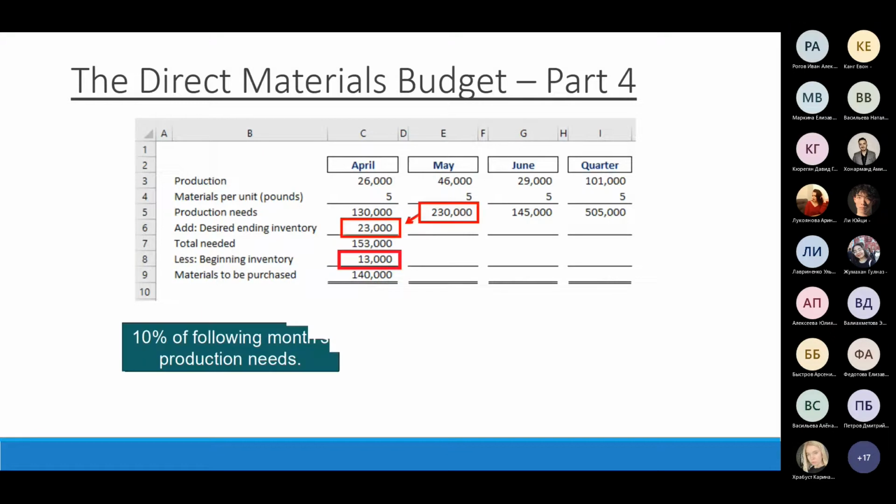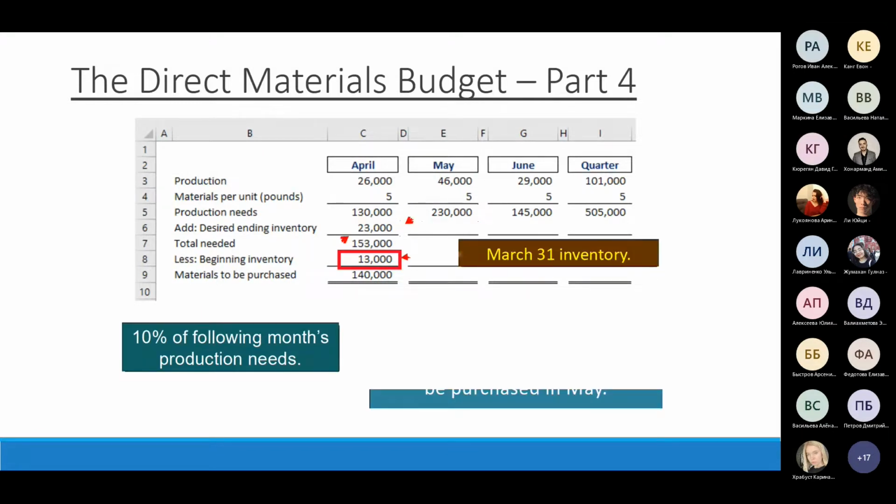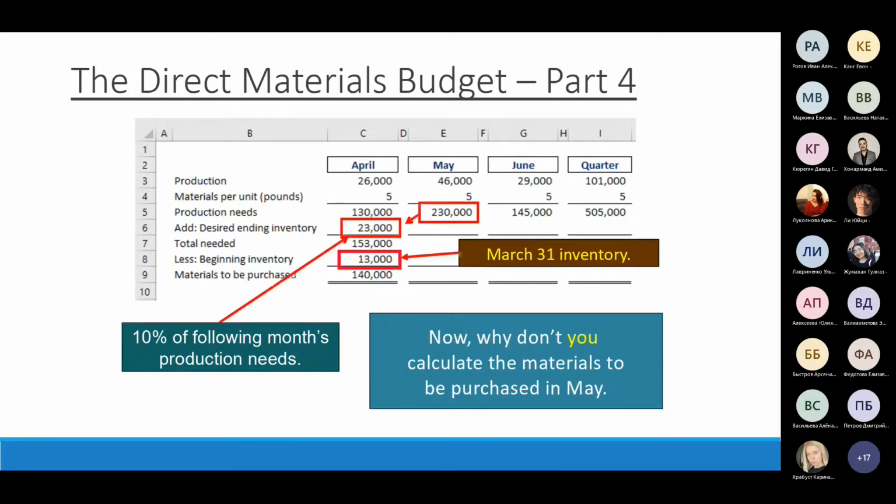Again, we add the desired ending inventory and calculate the total needs, and subtract the beginning inventory, and finally we will know how many materials should be purchased for the period.